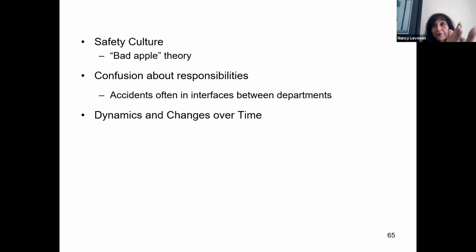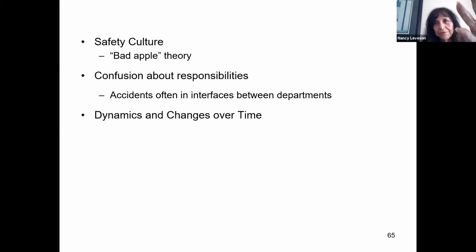We wrote a paper on this stuff I just showed you about the problems we found using CAST in hospitals, and the editor wouldn't even send it out for review. Instead, she sent us back a letter saying, this is just bad apples. If we just get rid of those bad apples, then the problems will all disappear. We don't need CAST and all this nonsense.